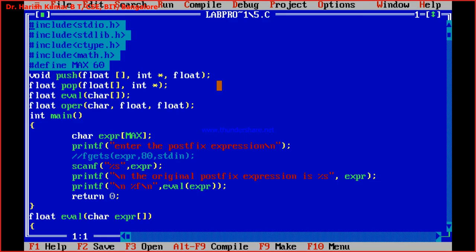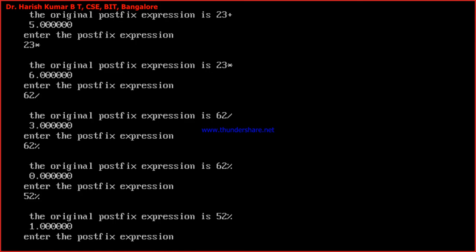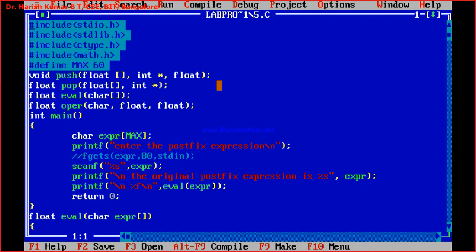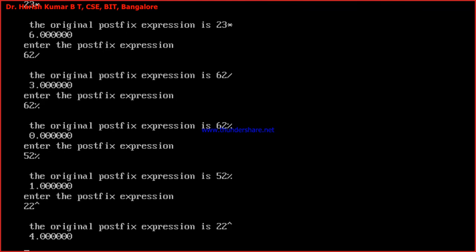And then exponentiation, one we will do. 2 2 and then the exponentiation caret symbol. So 2 to the power 2 is 4. Okay.